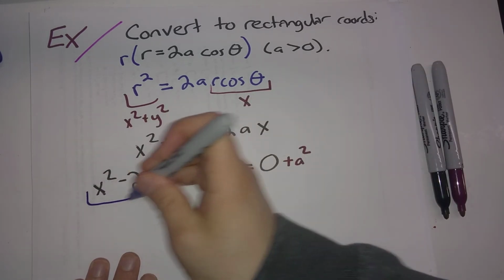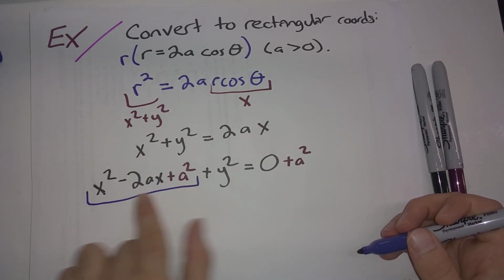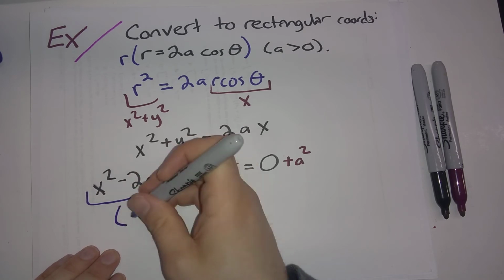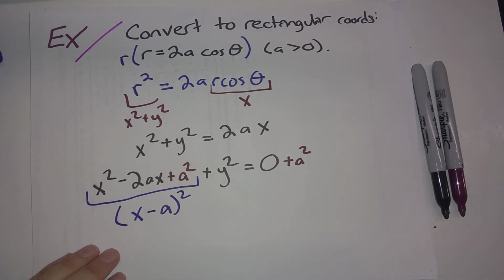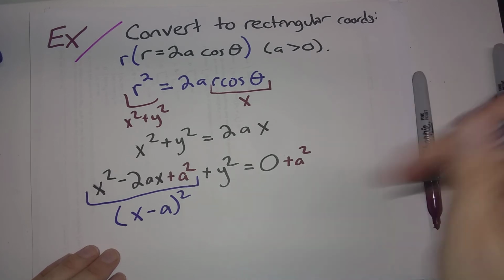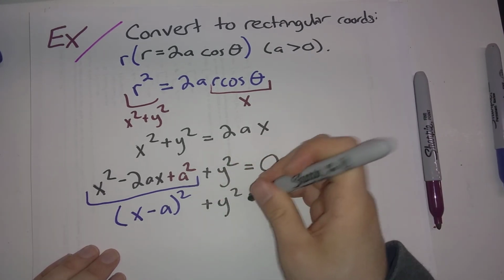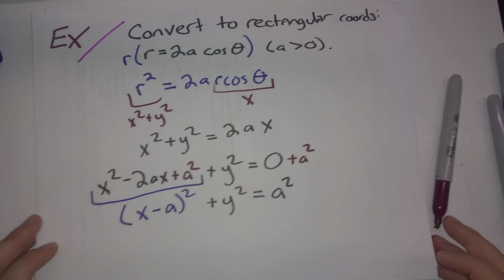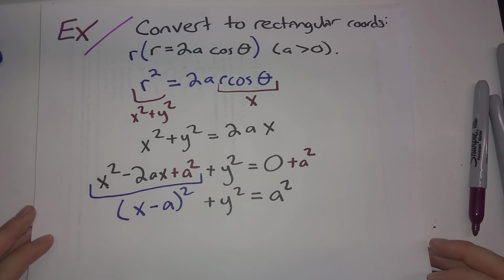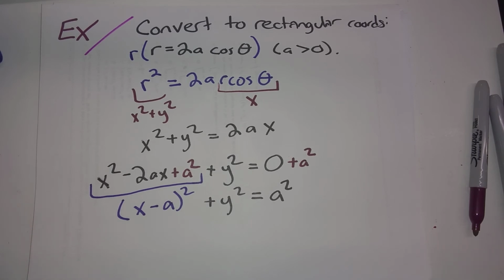And the reason we can do this is that this factors as x minus a quantity squared, because we just did completing the square. So our new equation is x minus a squared plus y squared is equal to a squared.